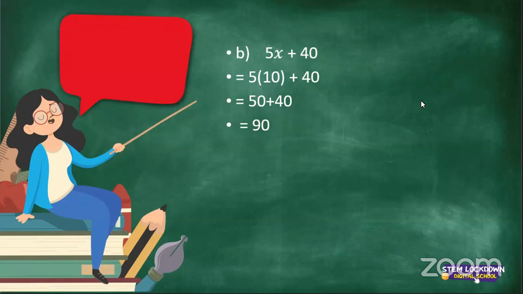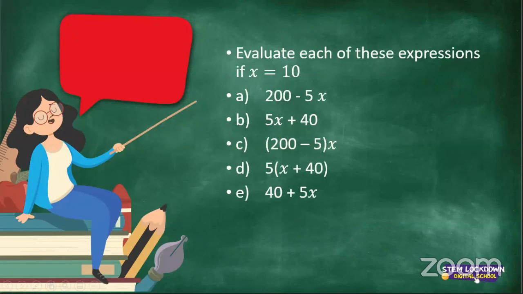Yes, sir. Can you hear me, sir? Yes, I can hear you. So I simplified the brackets first, sir. The ones in the brackets. And of course, the answer is 195, sir, and I multiplied it by 10, sir.